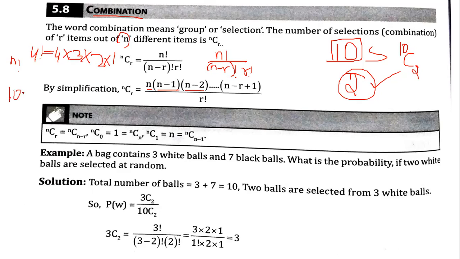If you have 10 factorial, it is 10 into 9 into 8 into 7 into 6 into 5 into 4 into 3 into 2 into 1. So from whichever number they have given, just subtract 1 each time until you reach 1. This is known as factorial. So n factorial, whatever number you get, you calculate until 1, and n minus r you will get a number, so that will become (n minus r) factorial, and into r factorial.